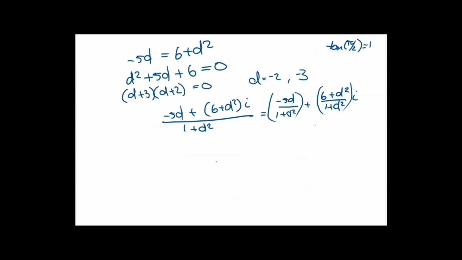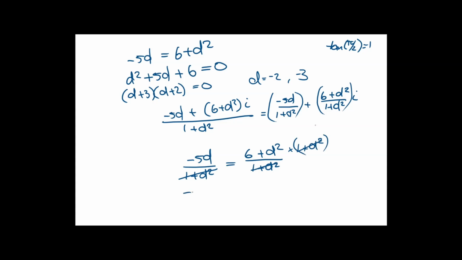So what I did then is I set minus 5d over 1 plus d squared equal to 6 plus d squared over 1 plus d squared. Now I'm going to multiply both sides by 1 plus d squared, which is going to eliminate that, and they're going to cancel.